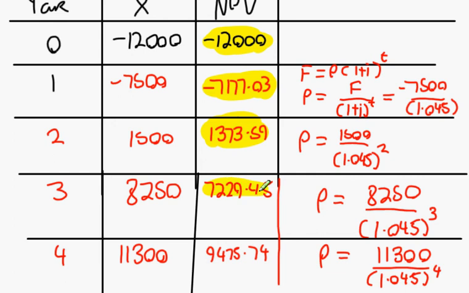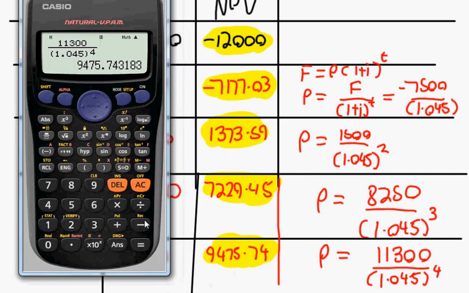Gaining €8,250 in 3 years' time is the same thing as getting €7,229.45 right now. And finally, getting €11,300 in 4 years' time is the same thing as getting €9,475.74 today. You just see if it balances out. I add all these numbers up, and if it's bigger than 0, it's a good investment. If it's smaller than 0, I'm making a loss today.